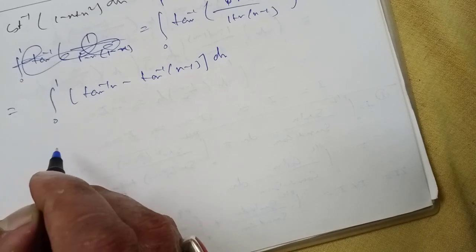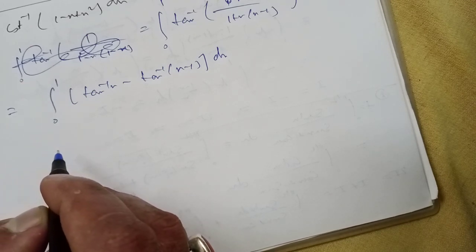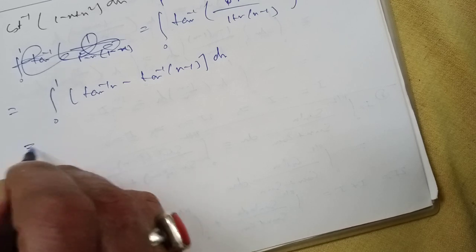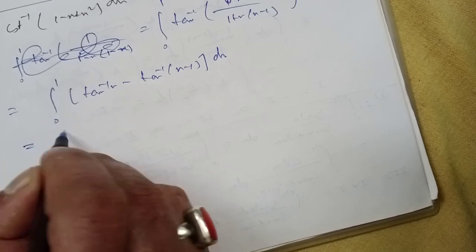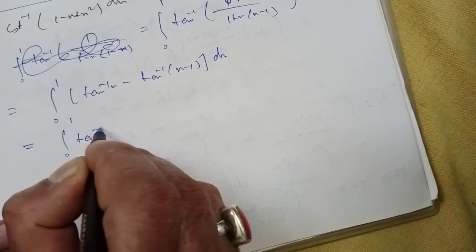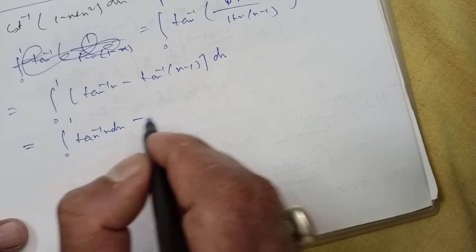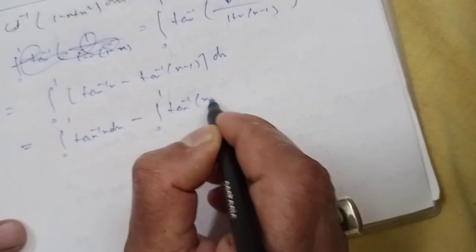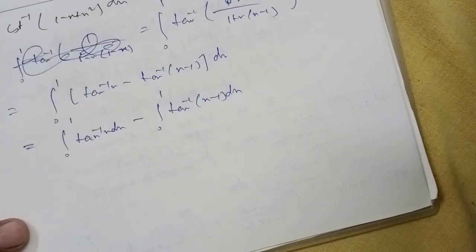Zero to 1 tan inverse x dx minus 0 to 1 tan inverse of x minus 1 dx.